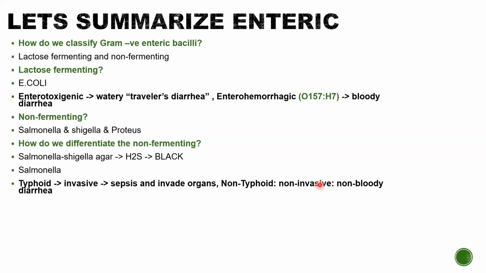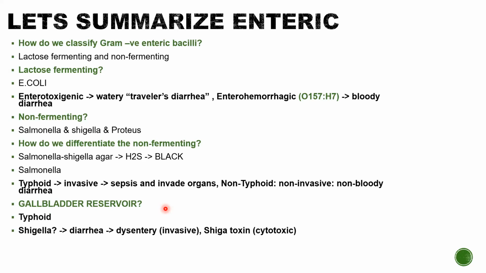Non-typhoid is non-invasive, so it gives you non-bloody diarrhea. The non-typhoid is the one associated with food poisoning and gastroenteritis, while the typhoid one is related to sepsis and a lot of damage. Now, which one has a gallbladder reservoir? The typhoid one, exactly.